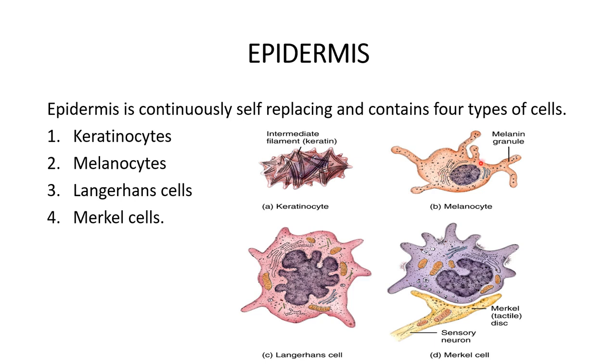Then melanocytes, melanin granule is here. Langerhans cells will give immune responses, and then the Merkel cells for sensory purposes. So the epidermis constitutes 4 types of cells: keratinocytes, melanocytes, Langerhans cells and the Merkel cell.